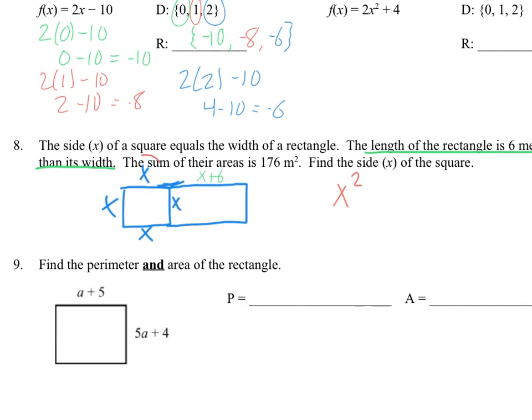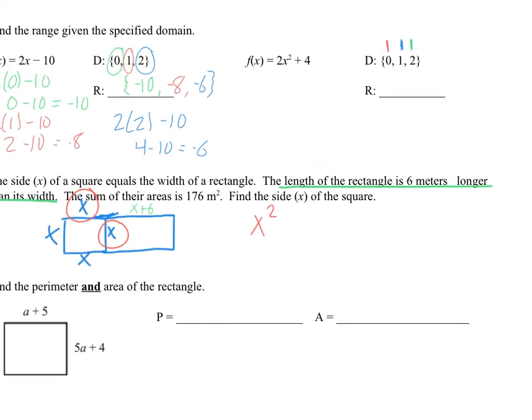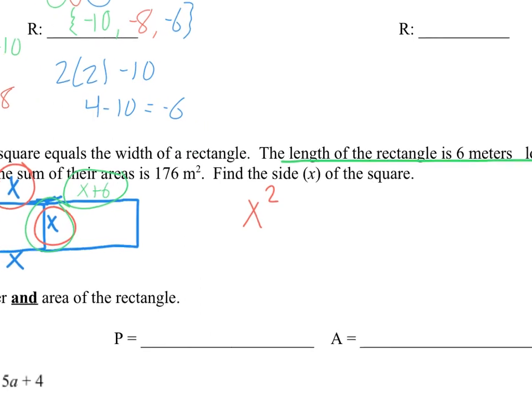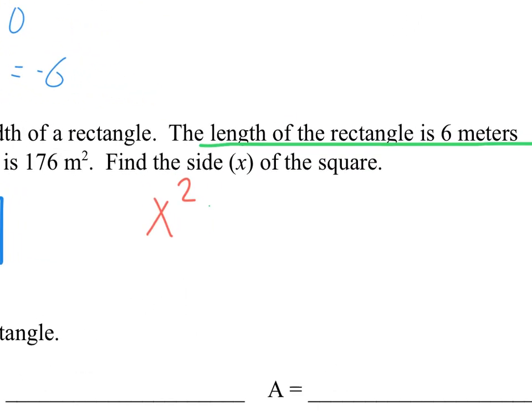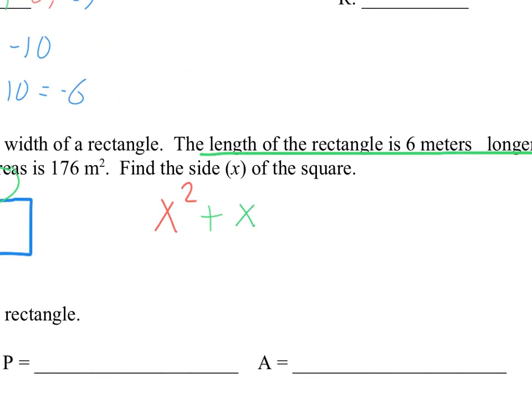The area of this is going to be x times x, side times side, right? So x times x is x squared. So that's the area of that square. Similarly, the area of this rectangle is going to be x plus 6 times x, length times width. So the sum, meaning I'm going to add them, so then I'm going to have x squared, or okay, let's write it like this first.